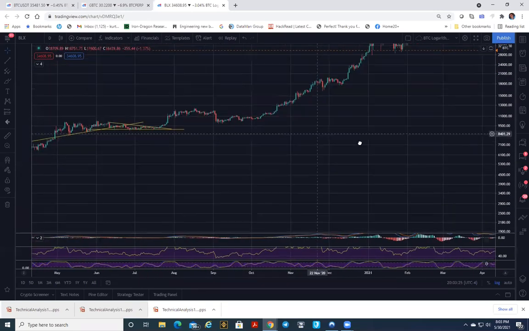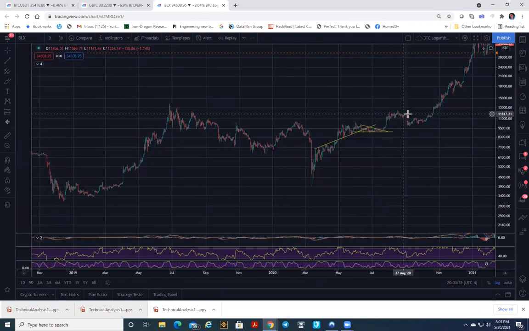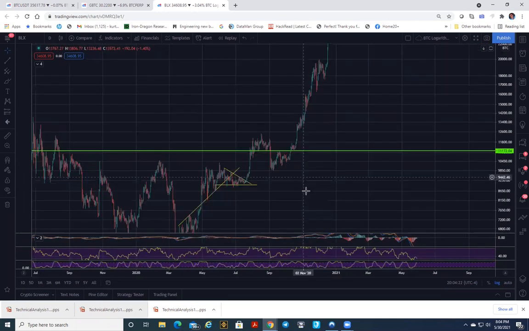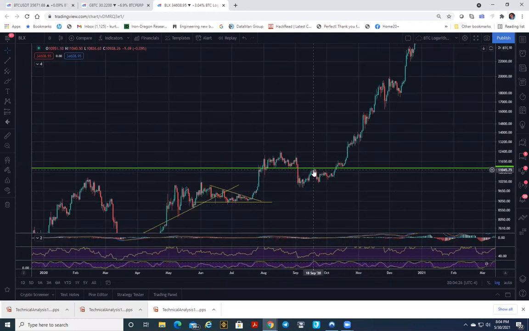This is actually when I entered right here. It was 11,111. I entered a 50x trade. So I waited. I wanted to take it here, but I didn't, because this looked like a head and shoulders to me, which ended up playing out.